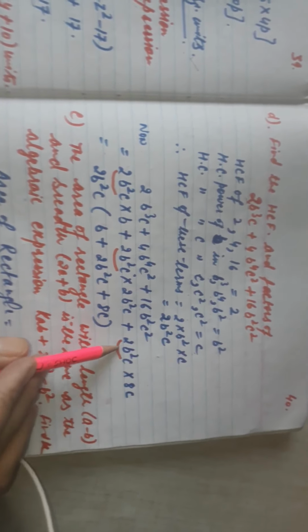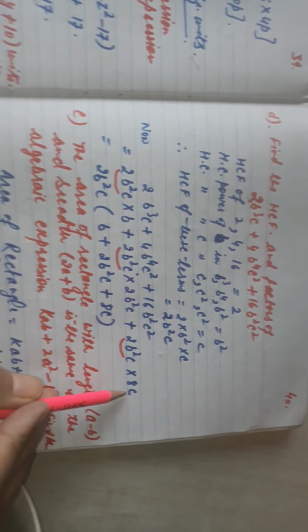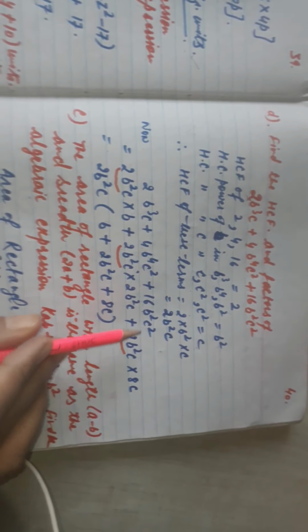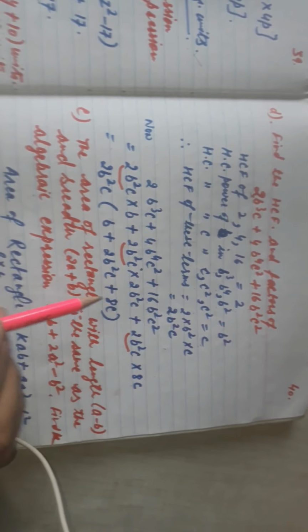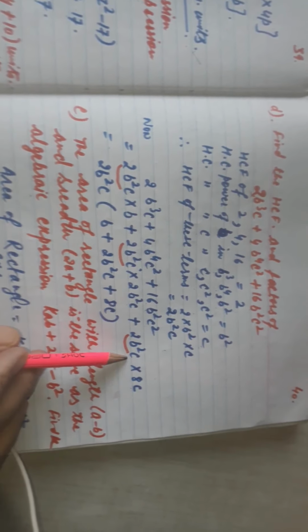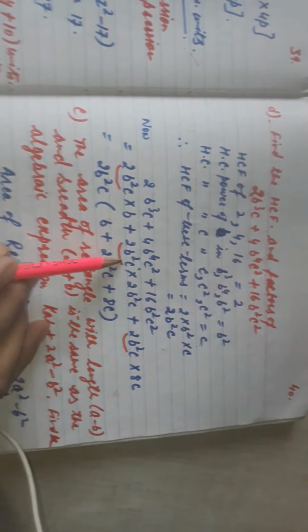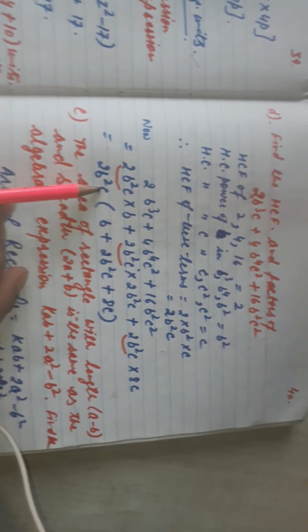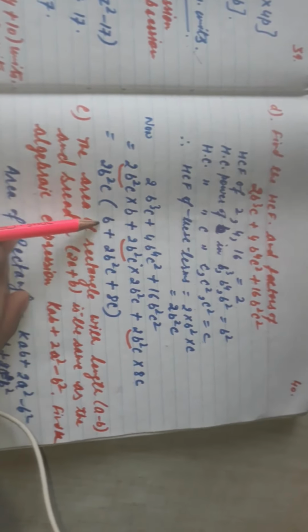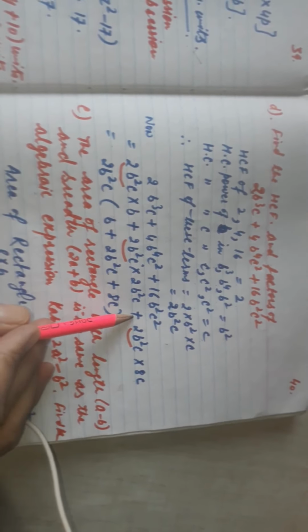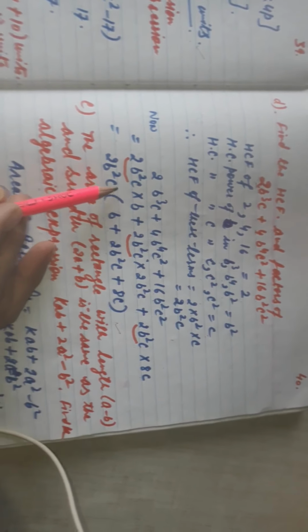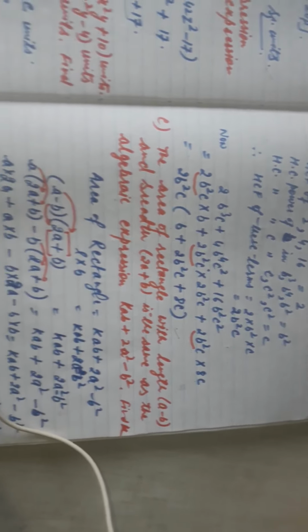So in this case 2b square c into 8c, 8 into 2 is 16. When we multiply c by c it is c square and b square as it is. So it is the factorized form in which the HCF of these terms is common. So when we take it common, we will get b plus 2b square c, then again plus 8c. So it is the factorized form, meaning the multiplication form of the given algebraic expression.